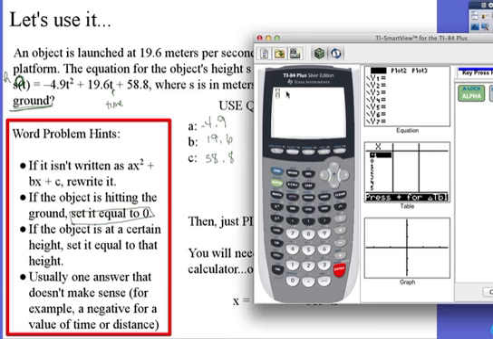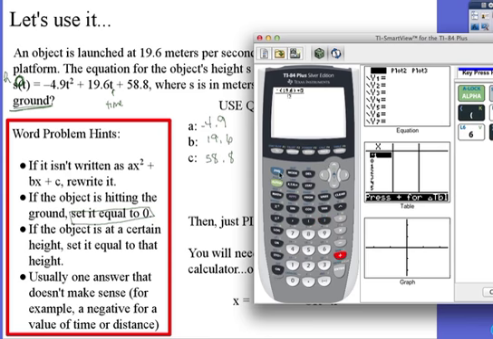Now it sets you up a fraction. On the top I should have the opposite of b, so negative parentheses 19.6, negative b. Then we can only do one operation at a time. We have plus and we have minus. So let's just do plus first.